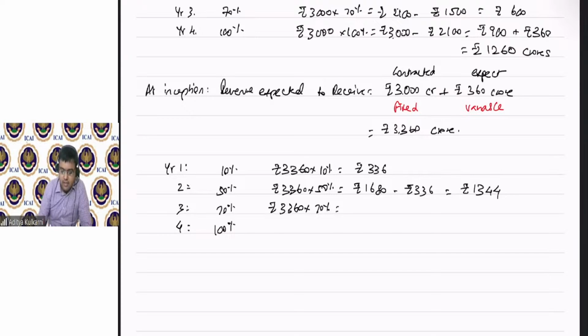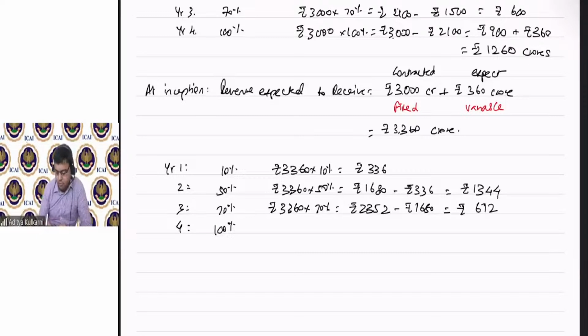So 3,360 into 70%, 2,352, minus 50% which is already recognized. So subtract 3,360 divided by 2, that is 1,680. So 2,352 minus 1,680.